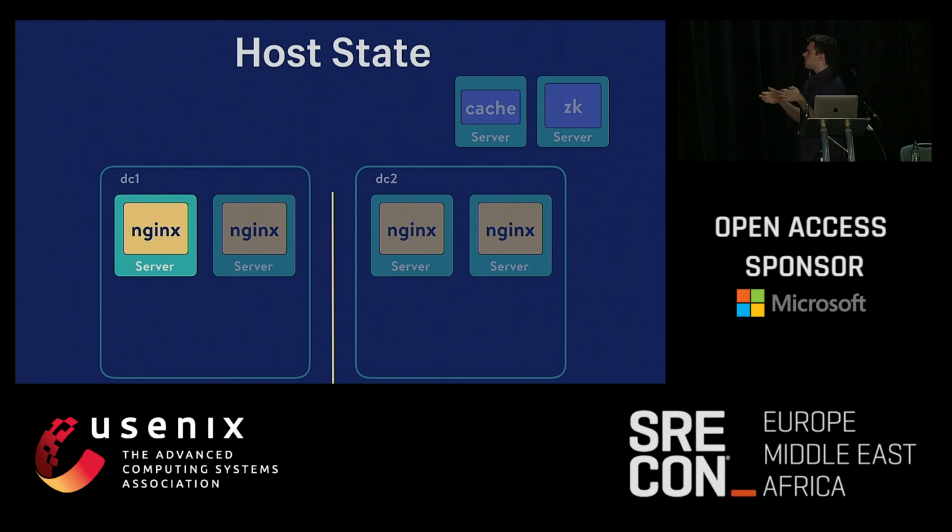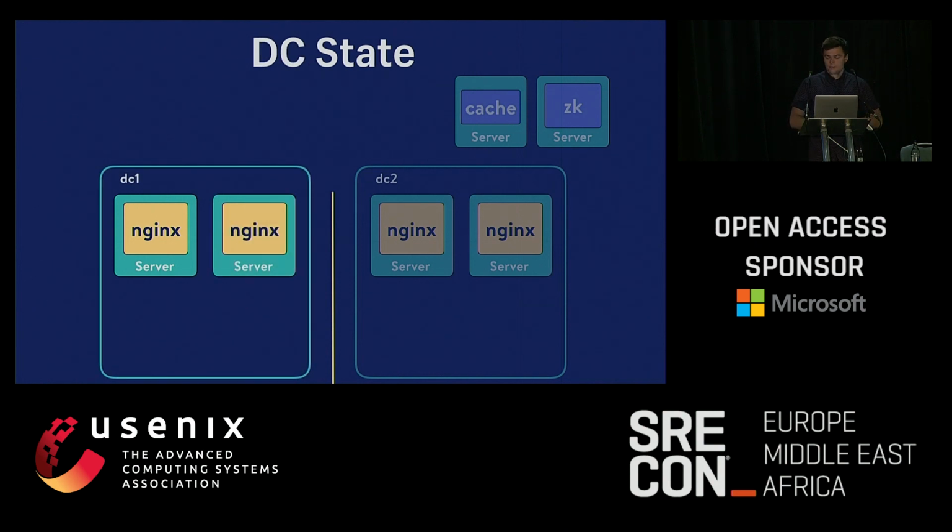which is important because we want to be thinking about our load balancers. We want to ensure that we don't add too much additional complexity that substantially lowers the availability of our load balancers or our edge tier. Beyond the host state, we have the DC state. In the DC state, you have a couple options.